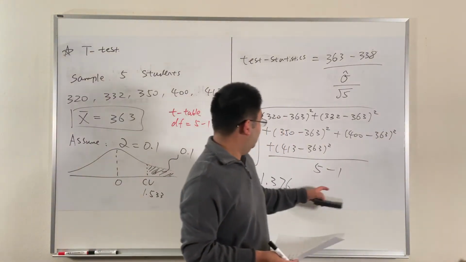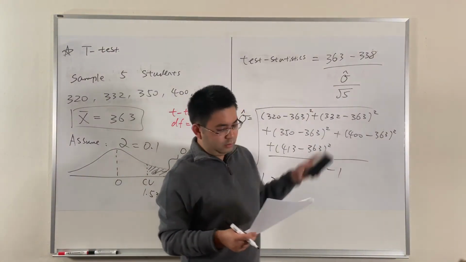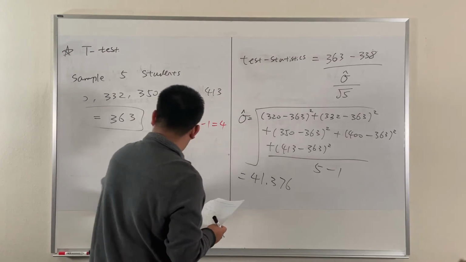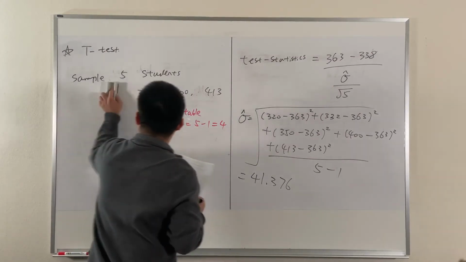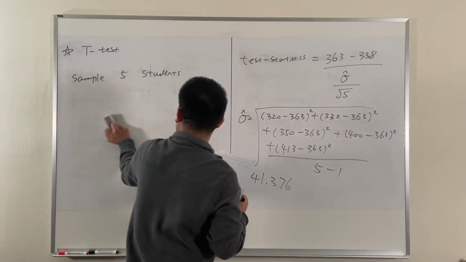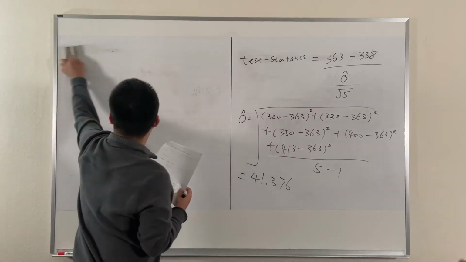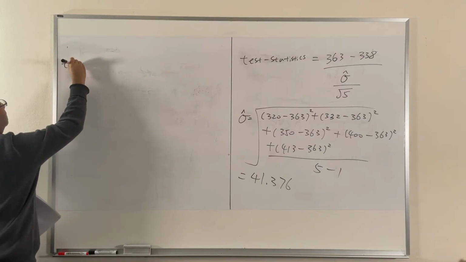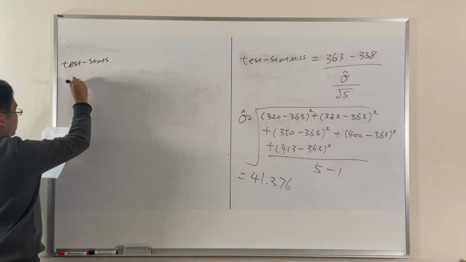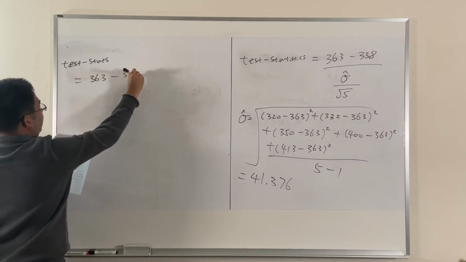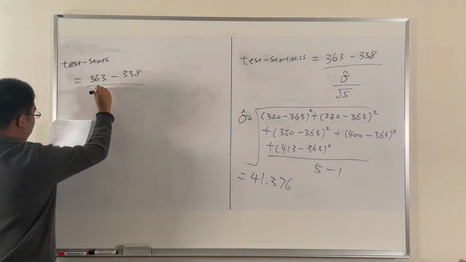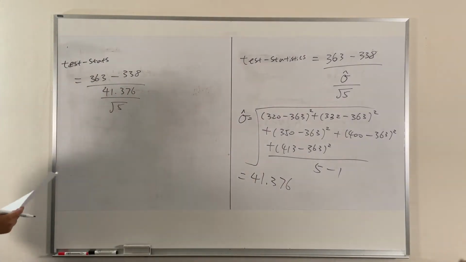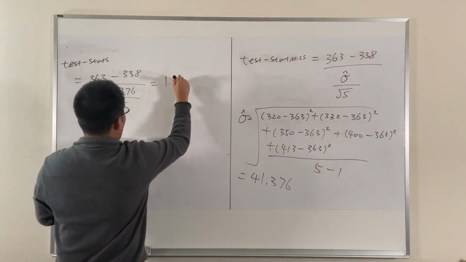Now let's fill in the value to here and see what's the number that we get. Okay, so test statistics. Test stats equals 363 minus 338 divided by 41.376 divided by square root 5, and that equals 1.351.